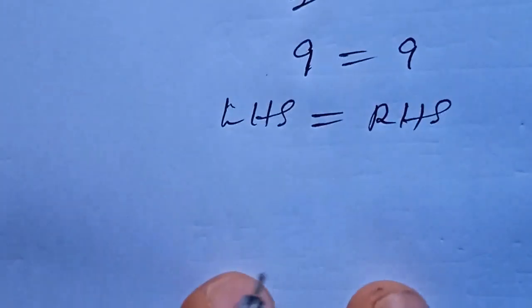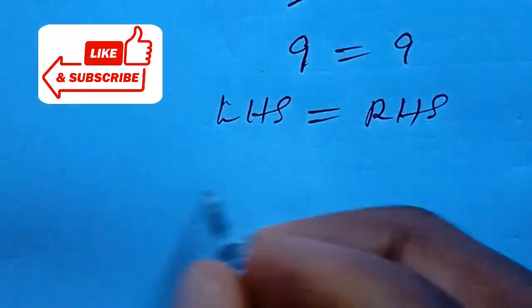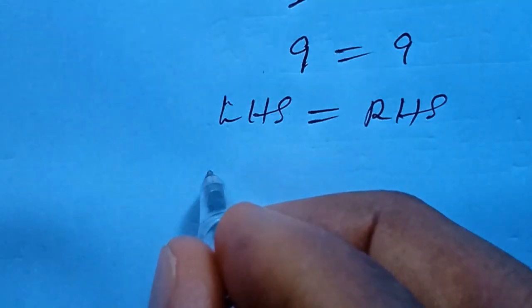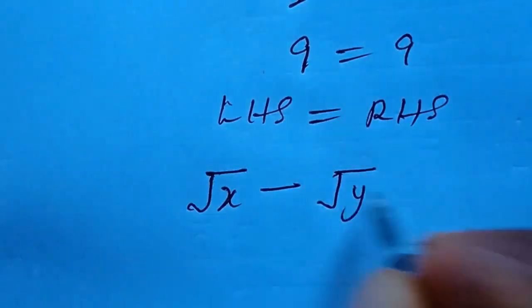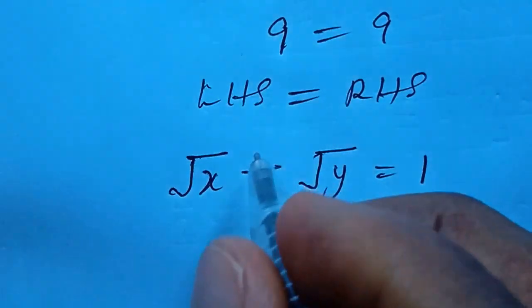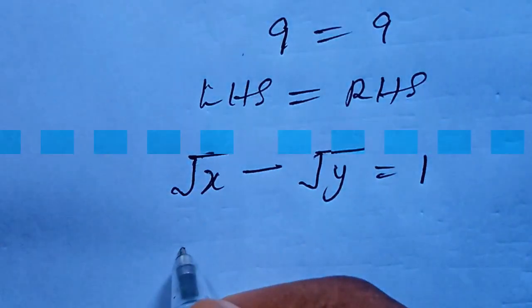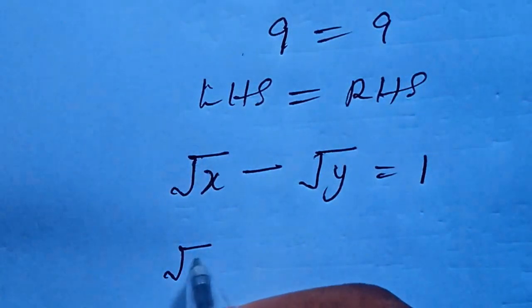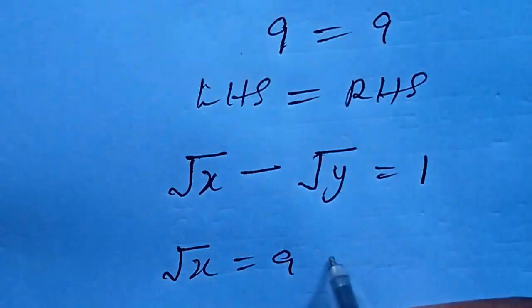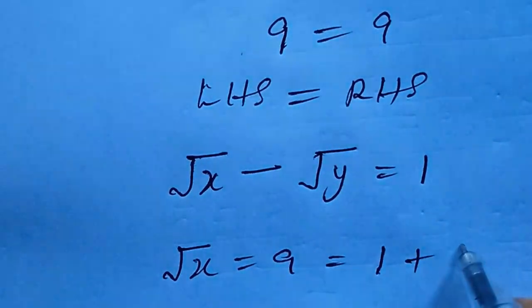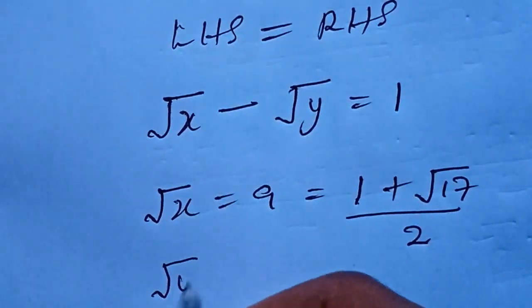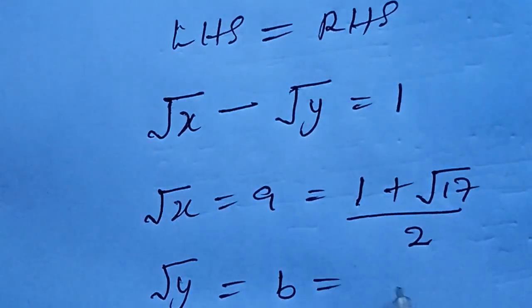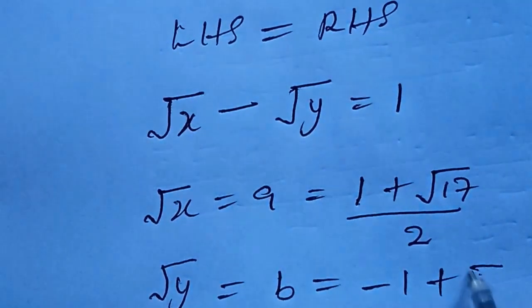And using the second equation, the nonlinear one, to verify, we have √x minus √y equal to 1. From this, √x is equal to a, which is (1 + √17)/2. Then √y is equal to b, which is (-1 + √17)/2.